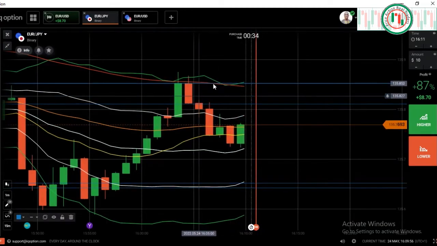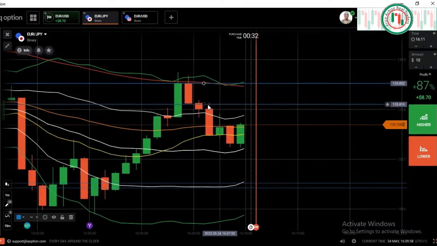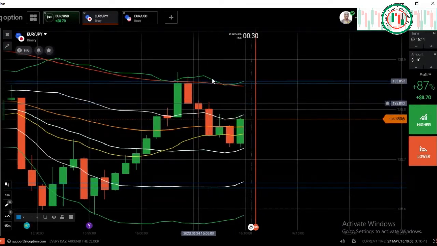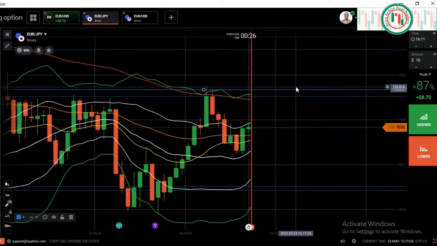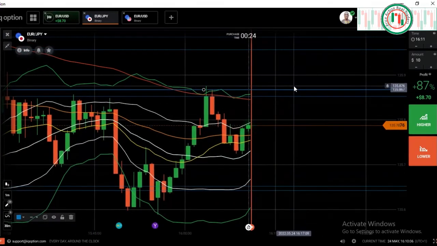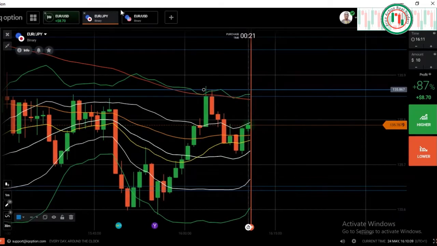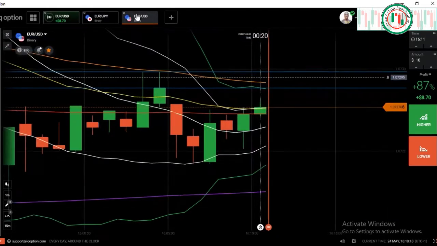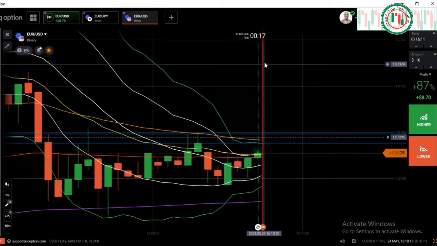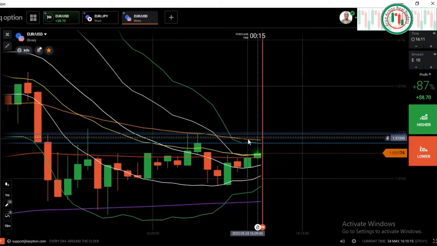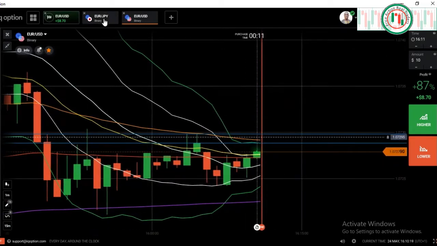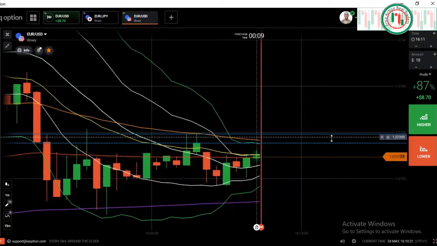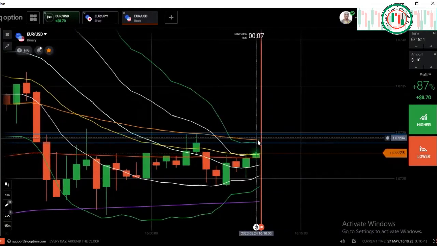Here is another area zone here. You see market is trying to reach this level. So if market reaches this level, I will place my trade put option.